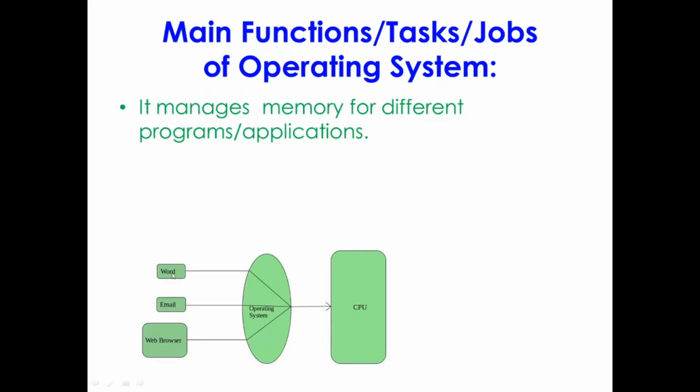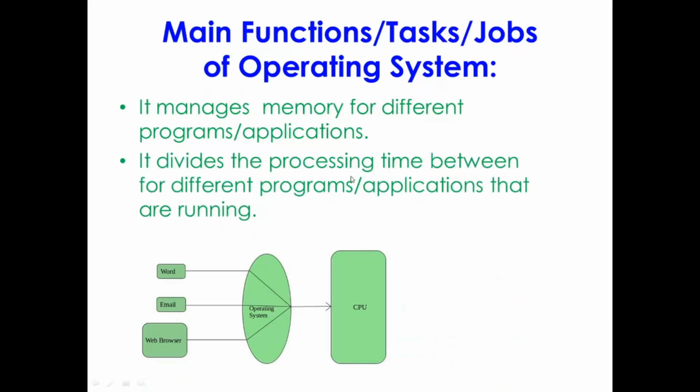You can work in Microsoft Word, you can write an email, you can open a browser to search for something on the internet. So how is it possible? It's possible because the operating system shares the memory for all these active programs or applications.